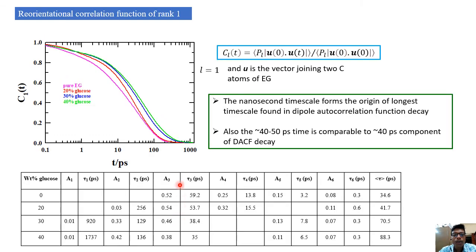So we have calculated the reorientational correlation function of rank 1, and we have seen here also the same trend, that is, the long timescale getting slower and slower with increasing glucose content, and also a 40 to 50 picosecond timescale appears, which is comparable with the 40 picosecond component of the dipole autocorrelation function decay.